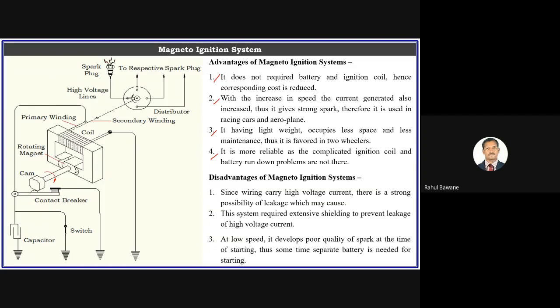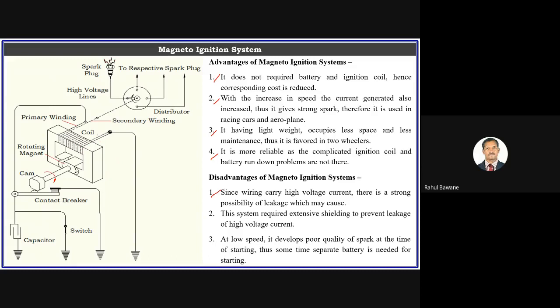But it has some limitations since the wiring carries high voltage current. There is a strong possibility of leakage. In a battery ignition system, there is an induction coil, and there the primary and secondary windings are there. But here the magneto has an induction, this primary and secondary coil.